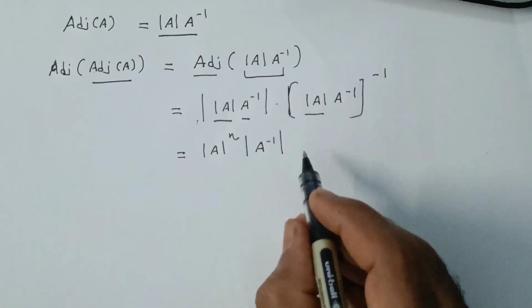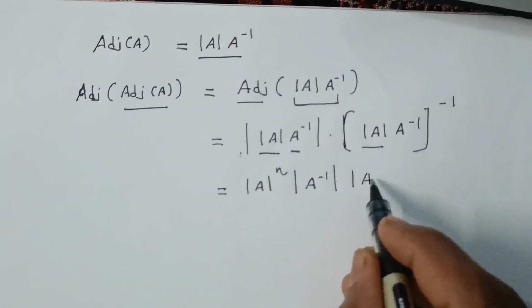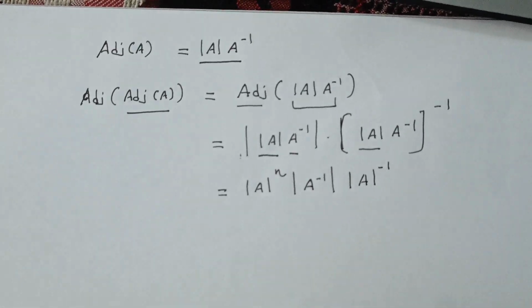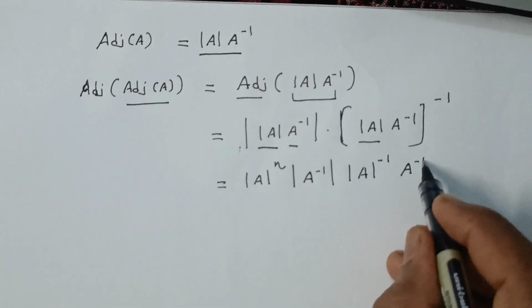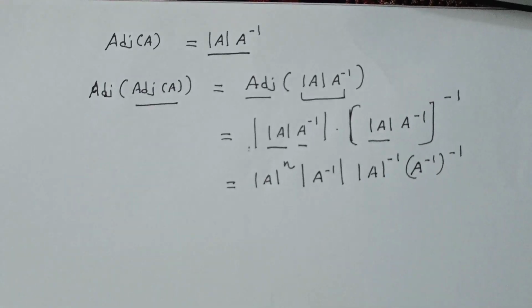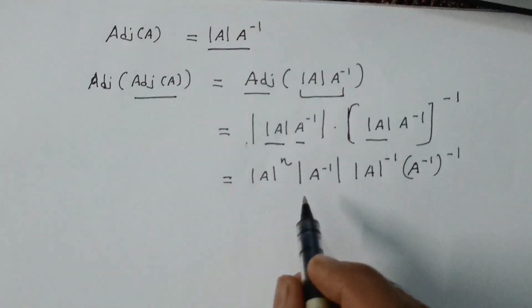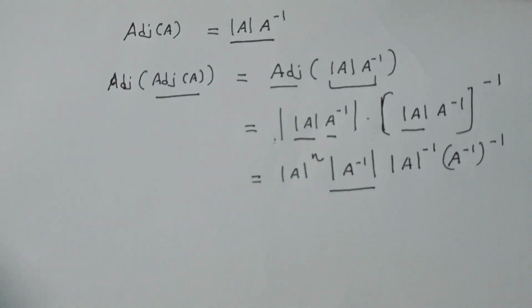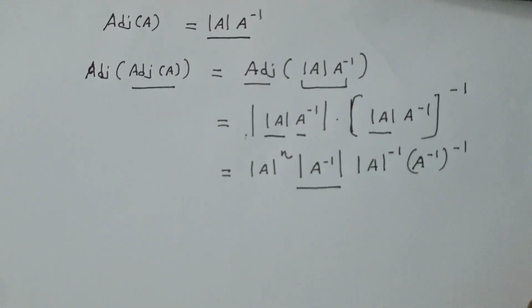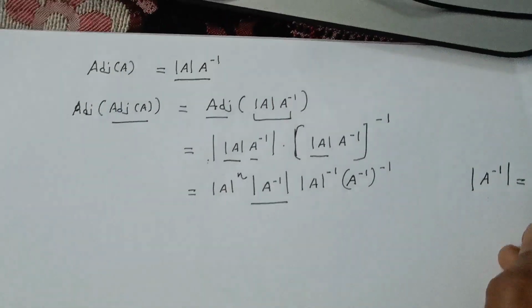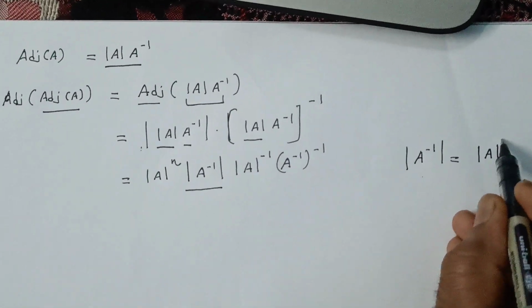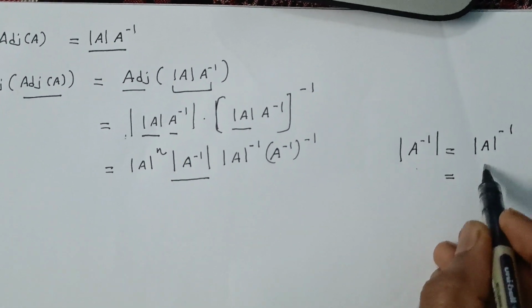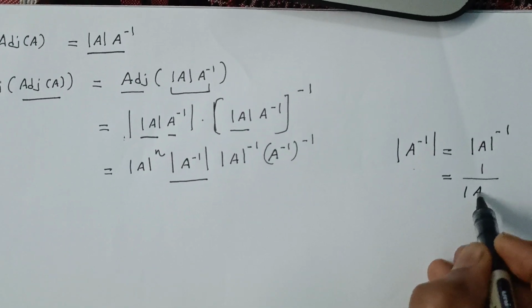So if we take it outside, it will become determinant of A, the whole inverse, into A inverse, the whole inverse. We know that determinant of A inverse equal to determinant of A, the whole inverse, or equal to 1 by determinant of A.